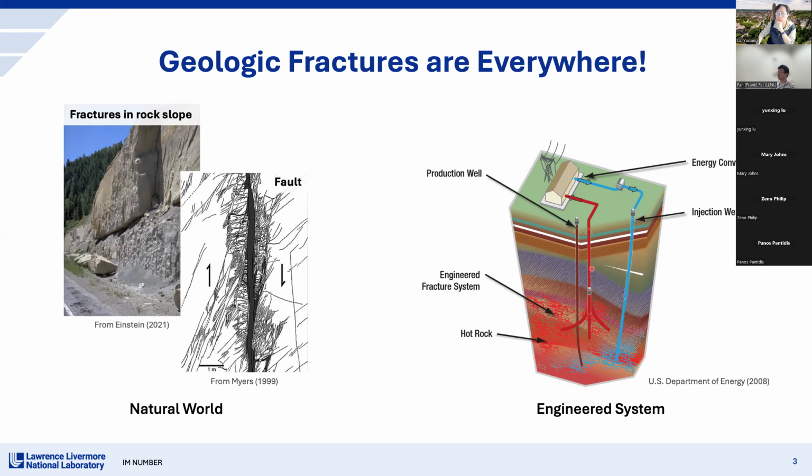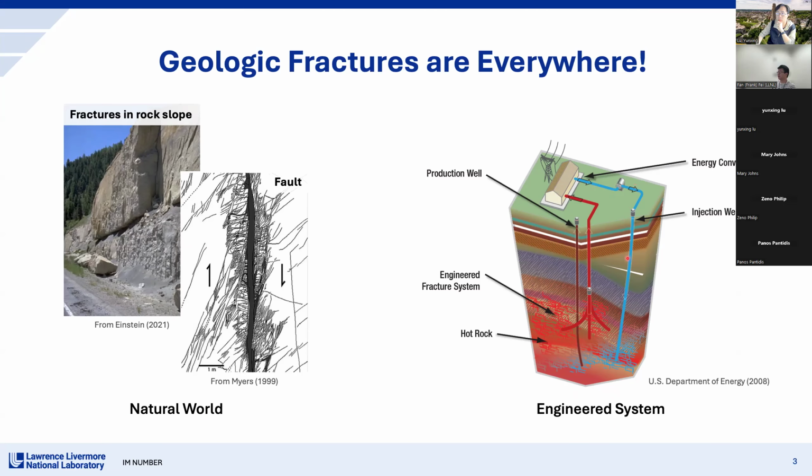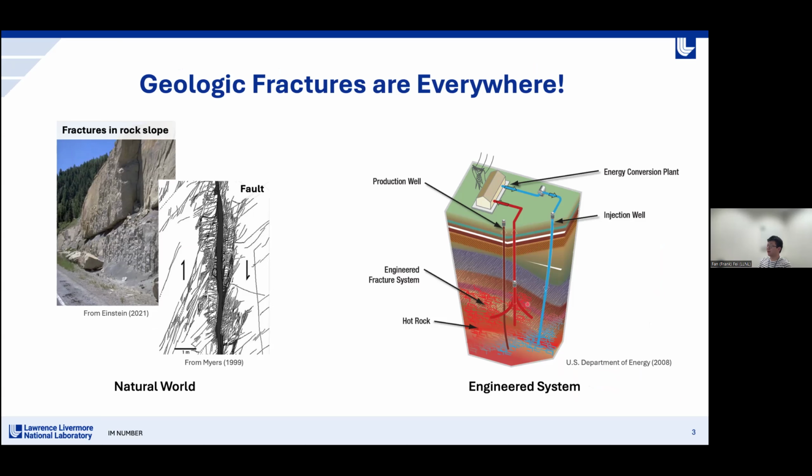For example, as this figure shows, the enhanced geothermal system, where high pressure fluid is injected into the hot dry rock to artificially create fractures, so that the reservoir has sufficient hydraulic conductivity for fluid circulation and heat production.